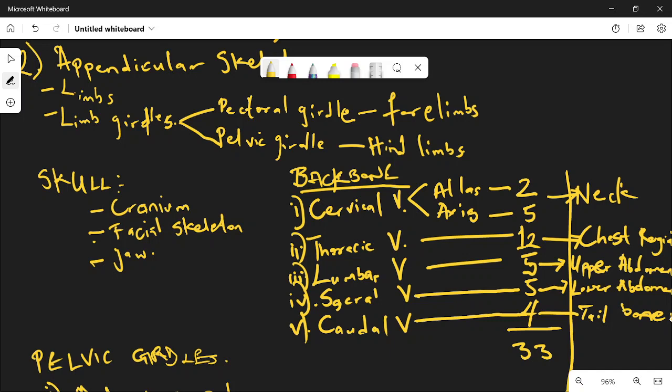It is this thoracic vertebrae that has all the ribs attached to it.